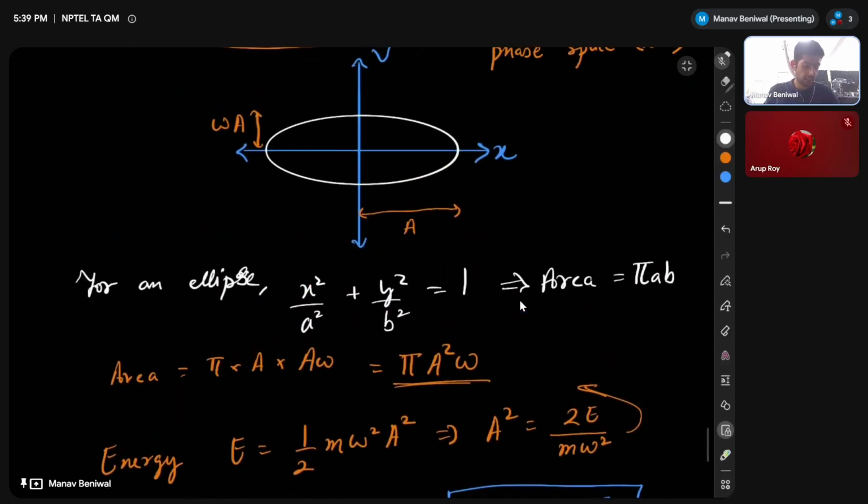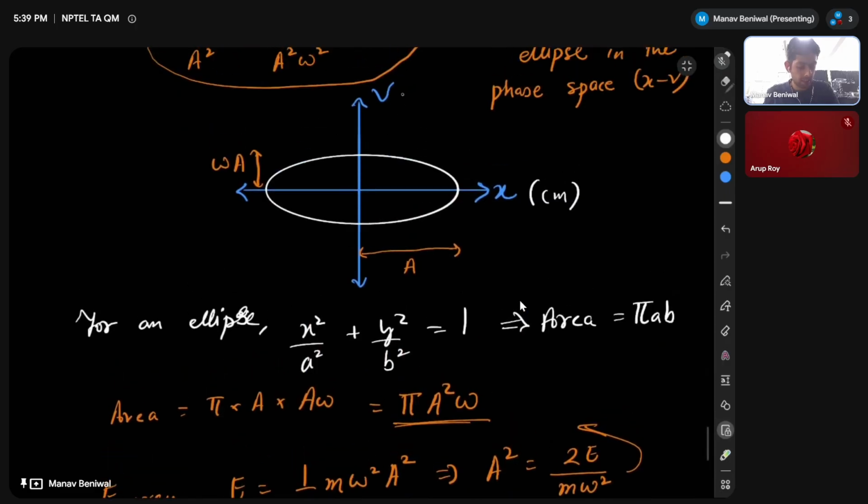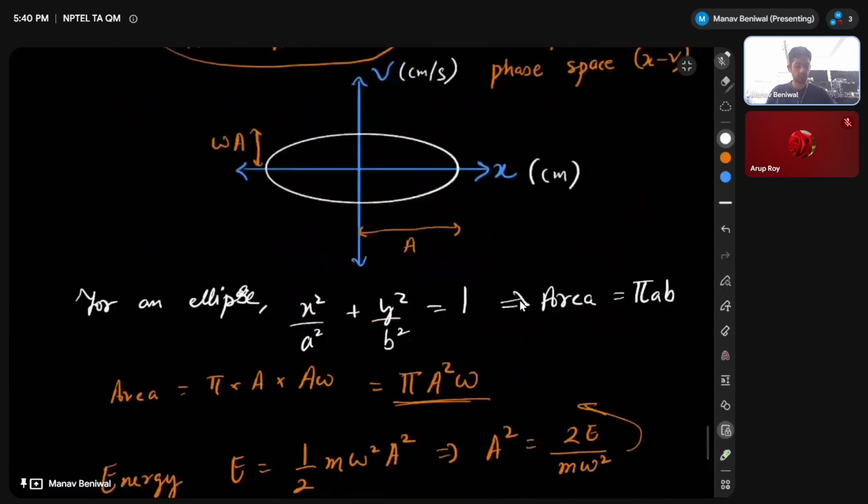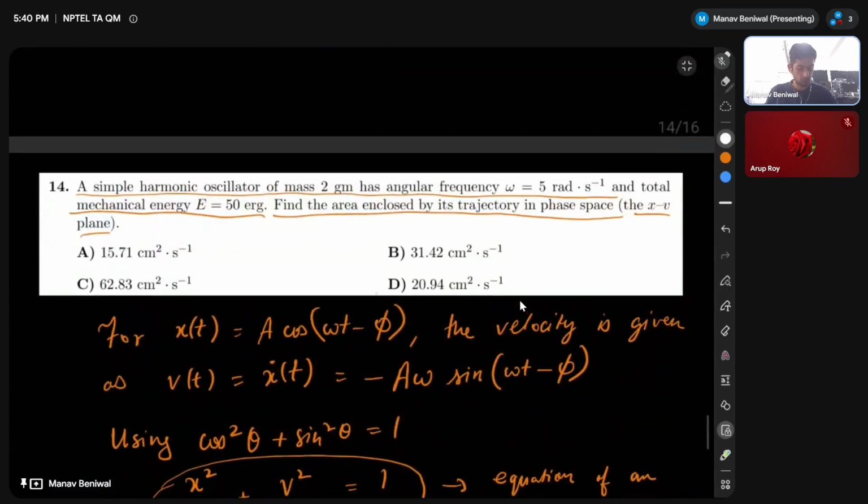The x-axis has dimensions of centimeters and the y-axis has dimensions of centimeters per second. So x times v gives us centimeter squared per second. So 31.4 centimeter squared per second, which matches closely to option B.